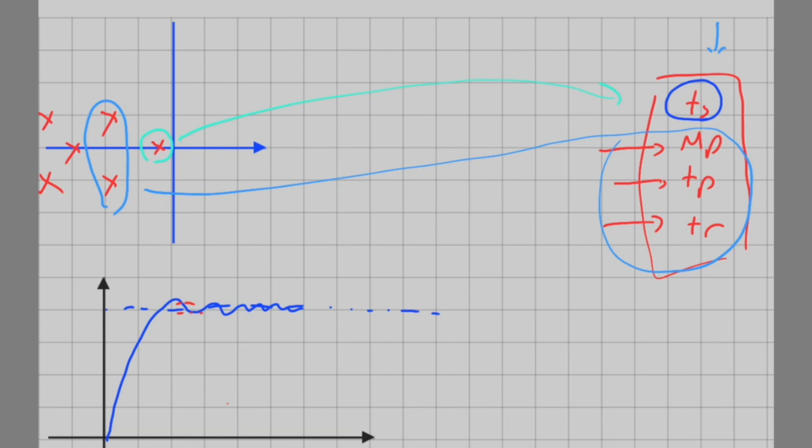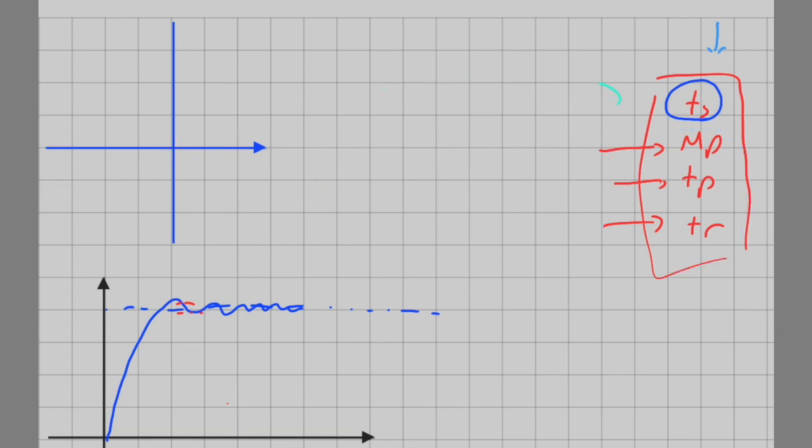But in general, what you can be sure of is that if the poles that are closest to the origin are complex conjugate, and all other poles are around here, and there's a good distance between them, you can make a dominant second order pole approximation, and then you can compute settling time, overshoot, peak time, and rise time. But as we told you before, these formulas, especially the settling time, are true first of all for the standard case where we have constant numerator dynamics.